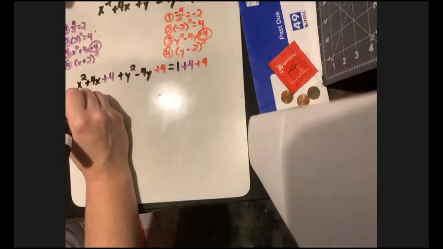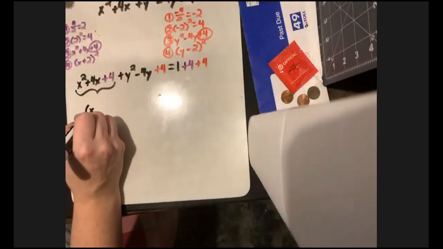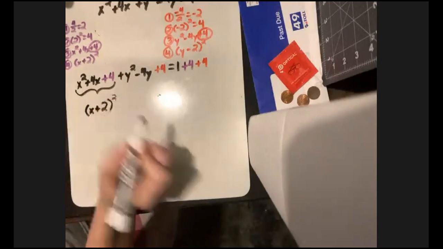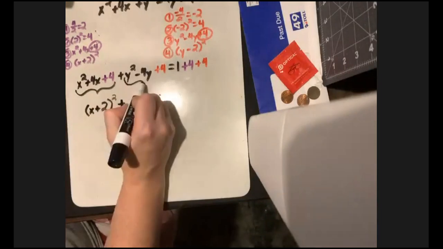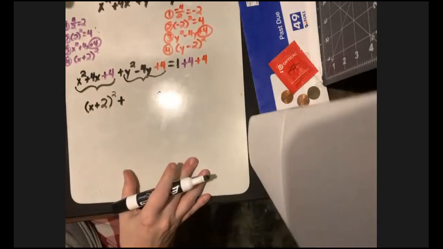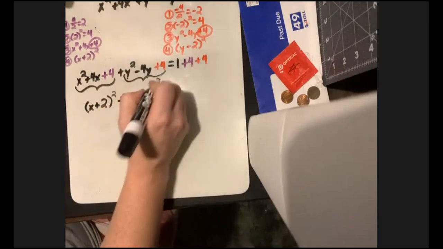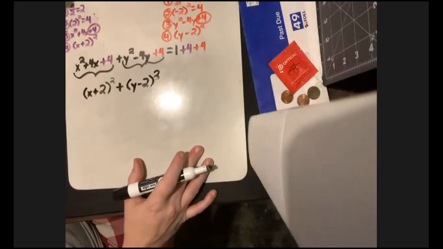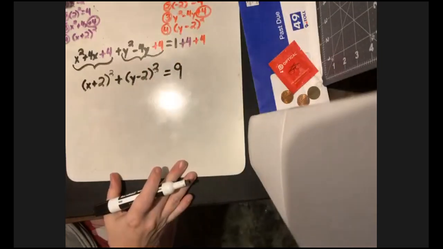Now, this group, we know factors to x plus 2 squared. We know this group factors to y minus 2 squared. And then combining 1 plus 4 plus 4, I get 9 over there on the other side.